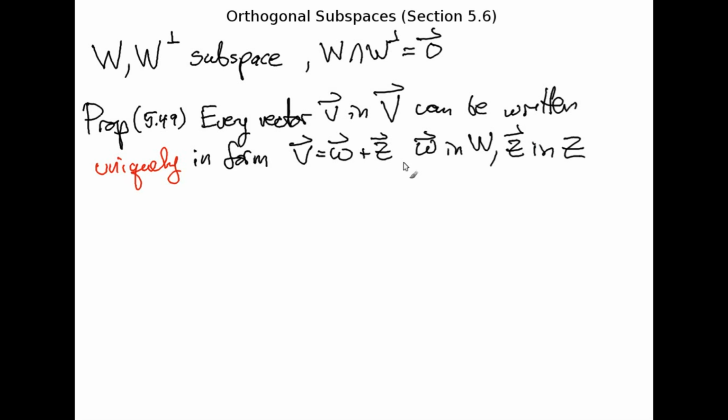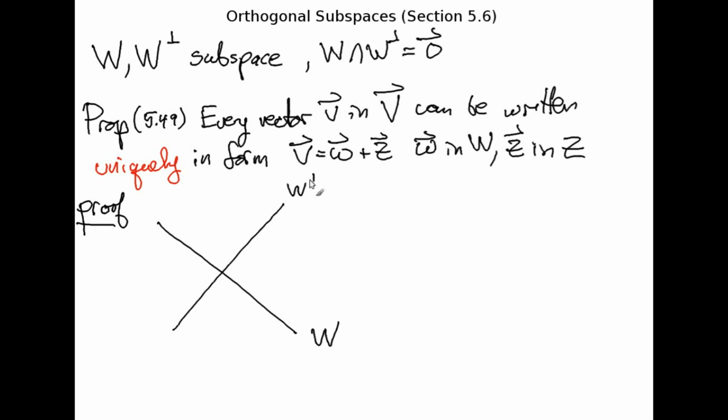And the uniquely is that w is uniquely determined and z. There's only one w which works and there's only one z which works. And this is quite simple, actually. So suppose this is our W and this is our W perp, and this is my vector v. Well, let's take w to be this projection.